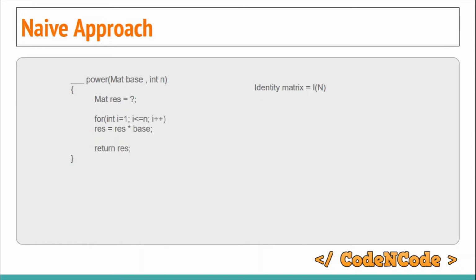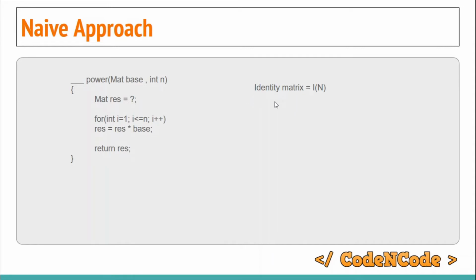This is called identity matrix because, as already explained, an identity element is the one which does not affect any element x when applied with a certain operator. So for matrix multiplication, the identity element is the identity matrix, because if you have a matrix A and you multiply it with the identity matrix of the same order, then the result is also A. That is why we call it identity matrix.